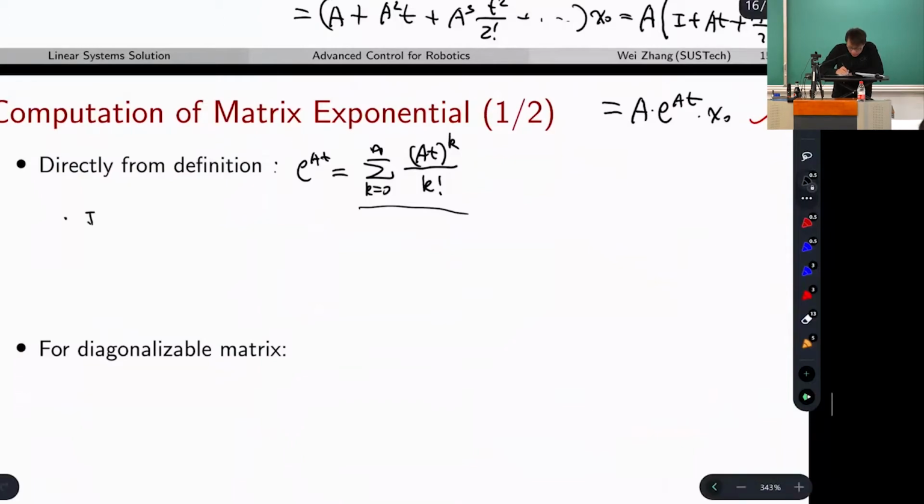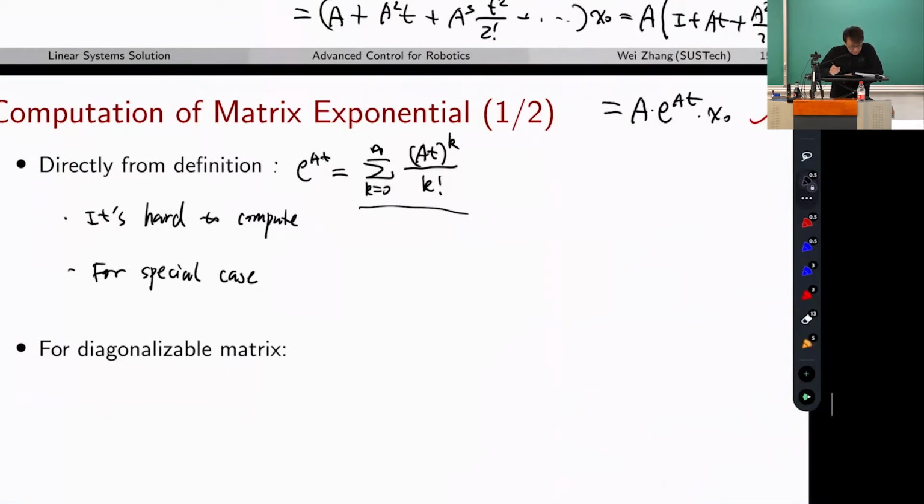So I would say it's hard to compute. I would say for very special cases, this series has an analytical form.